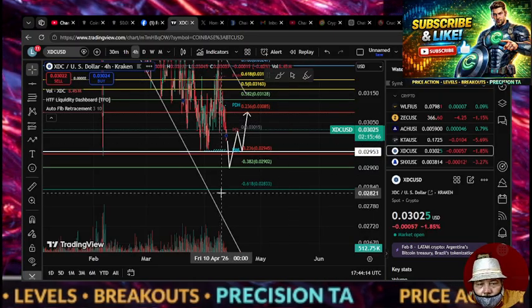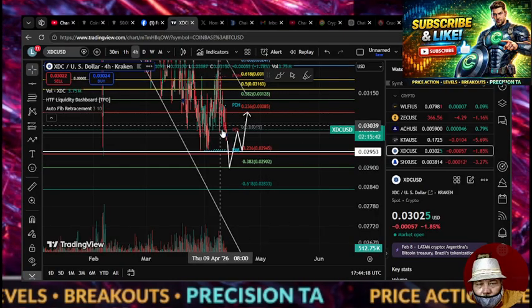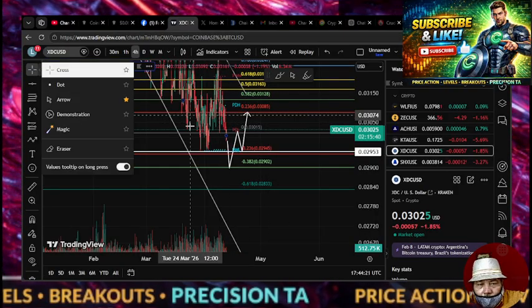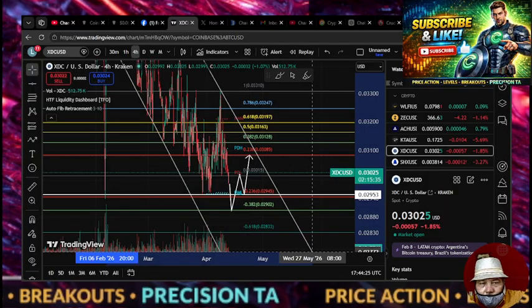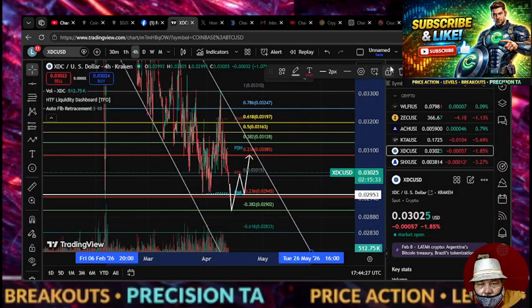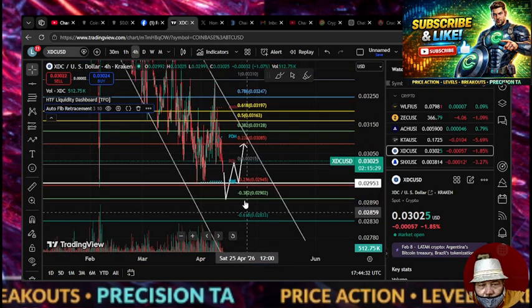But I do believe we're going to be in a downward trend before we get a complete reversal. This is a bearish market, people. Overall, cryptos are really bearish. So I want to show that and bring that to your attention. We're not trying to sugarcoat anything here.